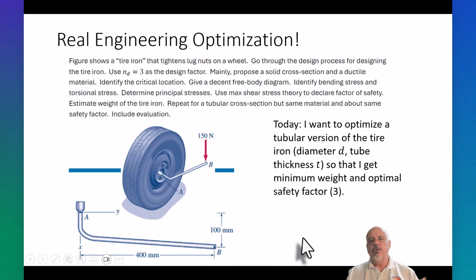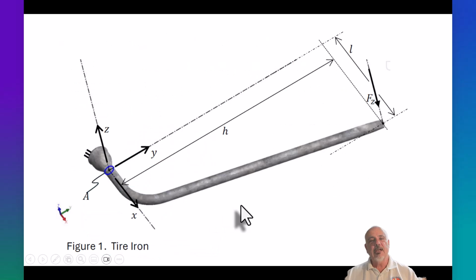Okay, so we're going to look at minimum weight. So that's one of our functions, minimum weight, and an optimal safety factor. So we want a safety factor of 3. We want a minimum weight. So what's this going to look like? What's the result going to be? What's the diameter? What's the thickness? What's the weight? Safety factor is probably going to be right next to 3. Okay, so let's see how this looks.